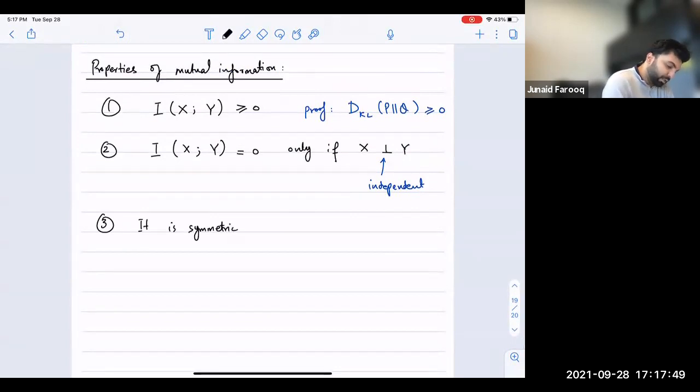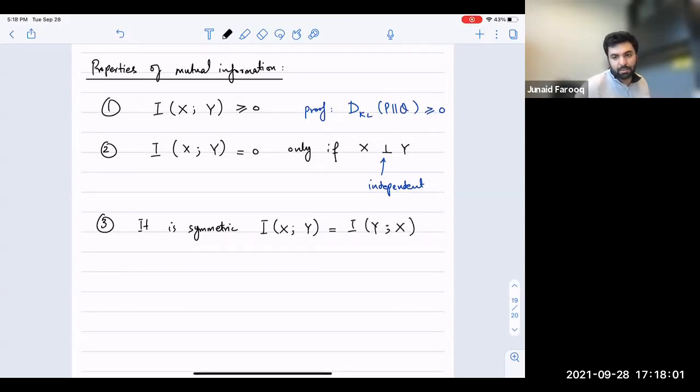So I of X, Y is actually equal to I of Y, X. So now this is a useful measure. Instead of DKL, we have something symmetric, so we can use it in more practical applications. So I think that's about it for our lecture today.